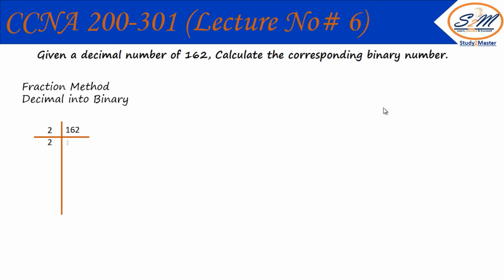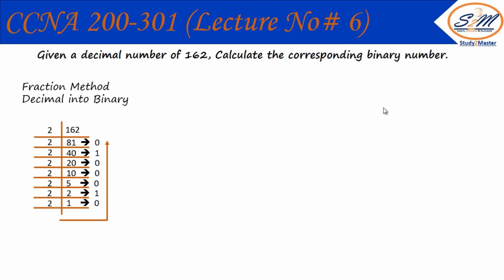The given decimal number is 164. In this method, we divide 164 by 2. Why by 2? Because the base number of a binary number is 2.